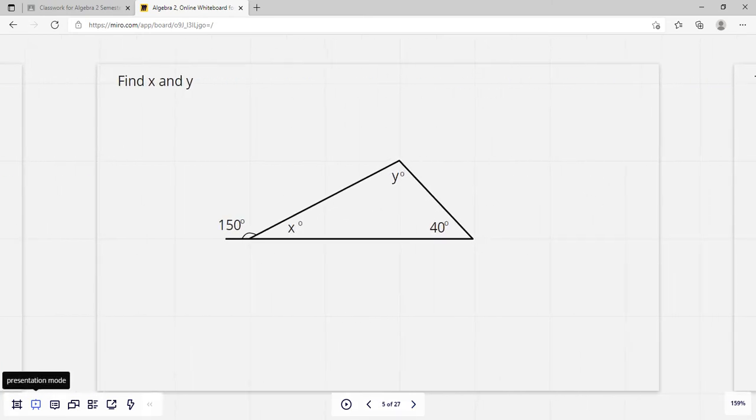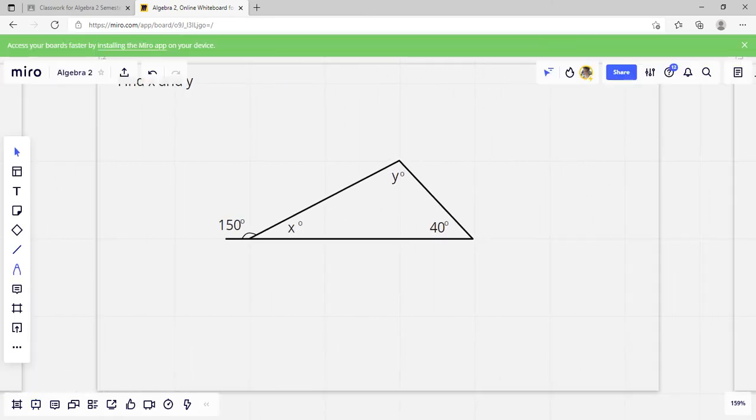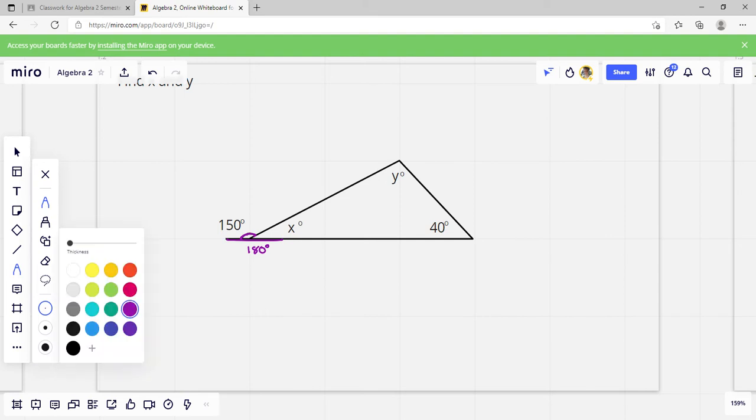Find x and y on this one. Alright, on this one we have a reflex angle, and that's going to be this angle here. It's outside of our triangle. It's 150. We know a straight line is 180. If that's 150 and that's 180, we can figure out what's left would be this tiny part right here.